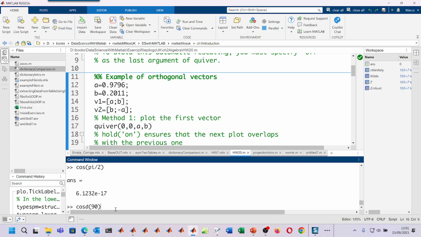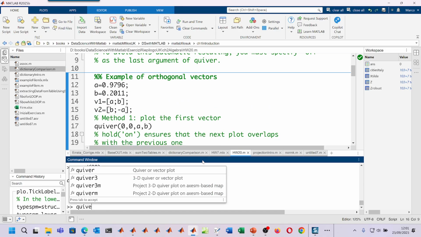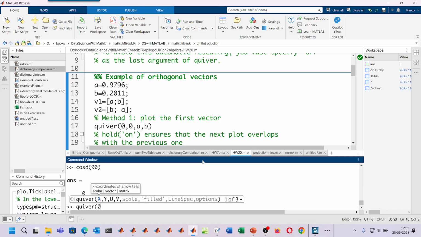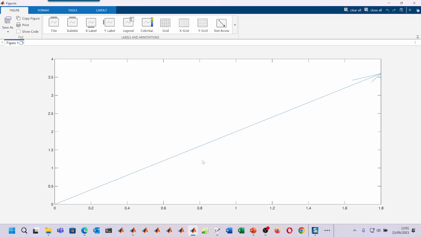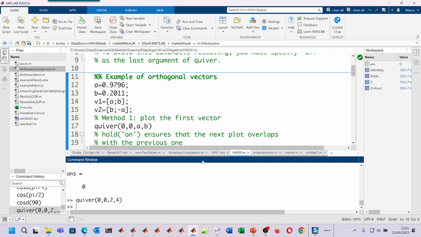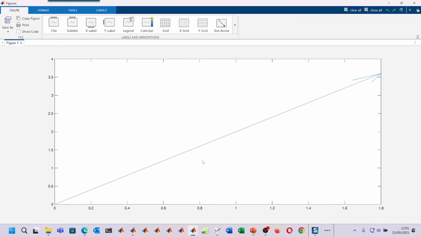So let us try to have a quiver vector which starts in 0, 0, and ends up at 2, 4. Okay, 0, 0, and then 2, 4.